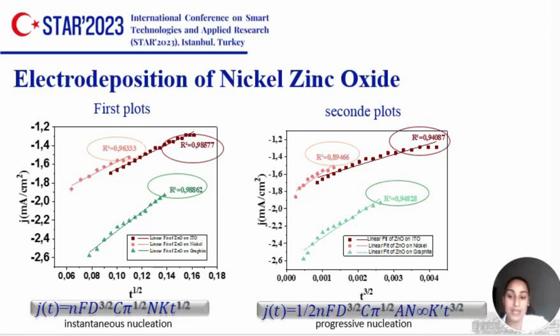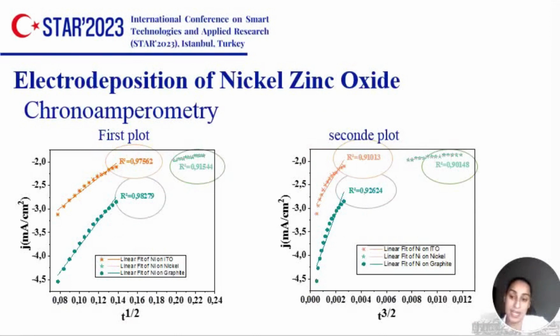As shown in this slide, the first plots display a good linear relationship for all applied potentials with high correlation factors compared to the second plots. This implies that the electrochemical deposition of zinc oxide and nickel on the three different substrates exhibits probably instantaneous 3D nucleation.